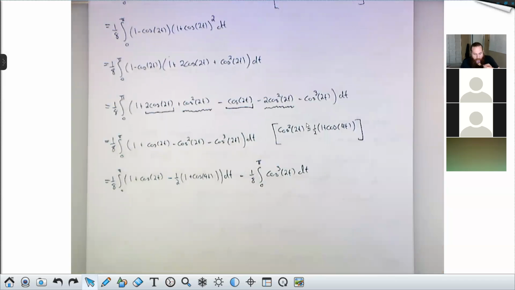Questions up to here? How do I do the integral of cos cubed?